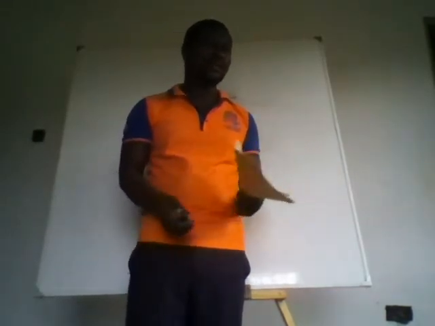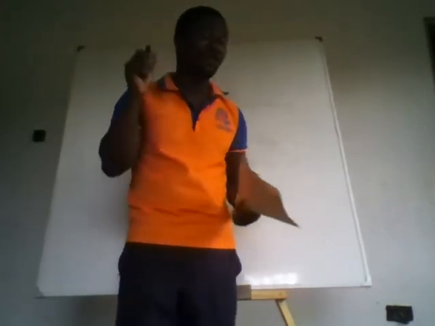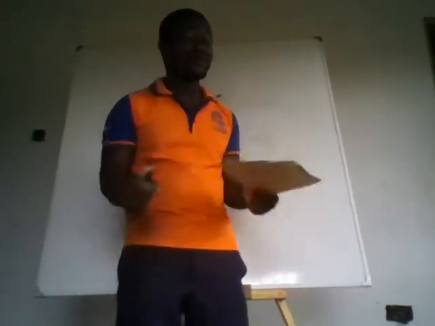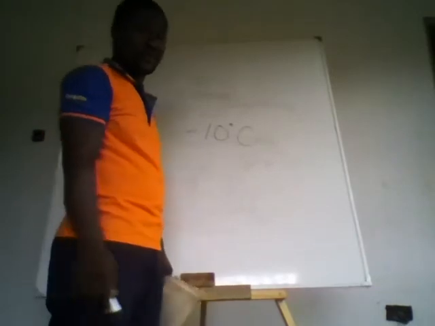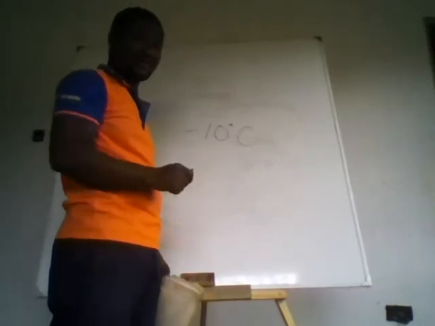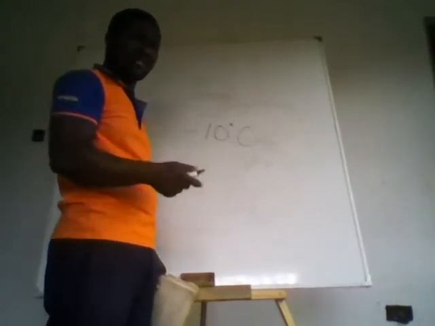The reason is that when you are checking the temperature of a substance, that substance can be hot or that substance can be cold. What can we talk about? We talk about ice, for instance. Ice, we know, can go to the extent of the negatives, negative 10 degrees Celsius. And what does it mean?